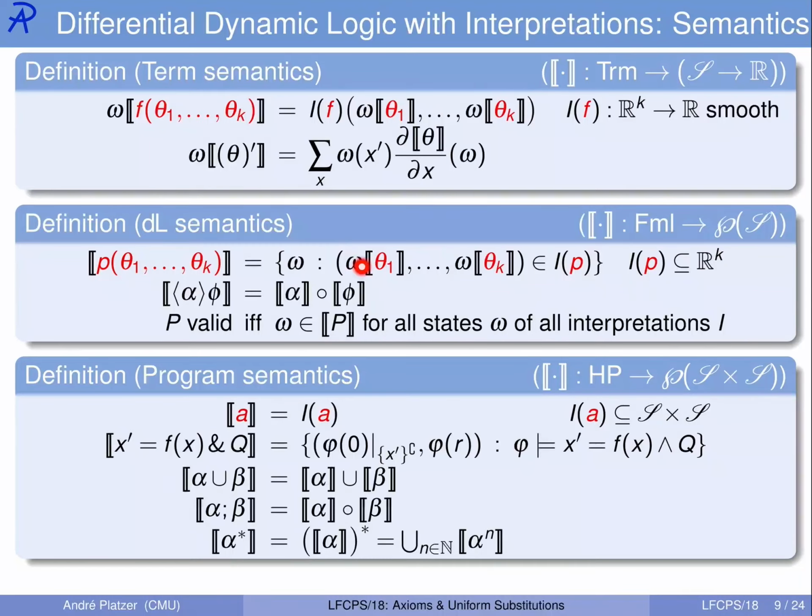So if this k tuple of real numbers is in the interpretation of P, so they're related according to the interpretation that the predicate symbol has, then this formula is true in the state omega. And the others are unchanged.